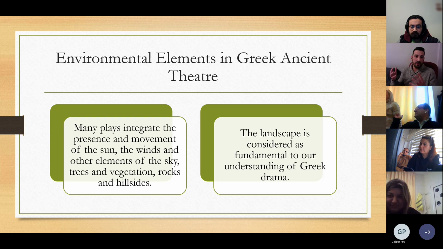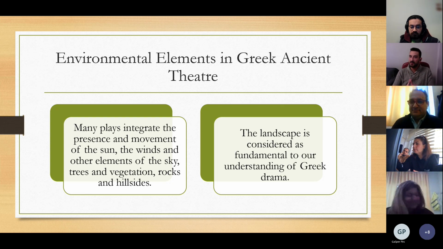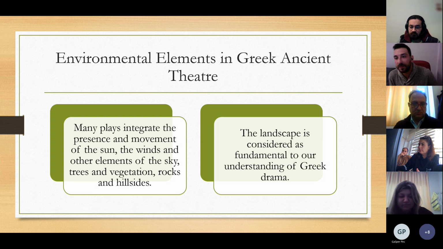Regarding some further environmental elements in ancient Greek theater, we have many plays that integrate the presence and movement of the sun, or even the wind and other elements of the sky. We have many plays that include the trees and vegetation, or even rocks and hillsides found in the surroundings of the theater.